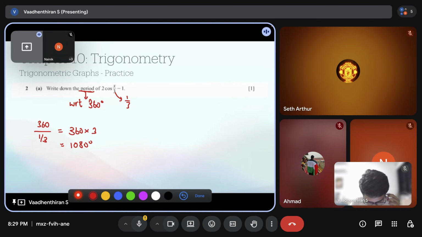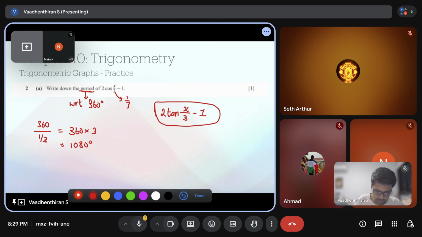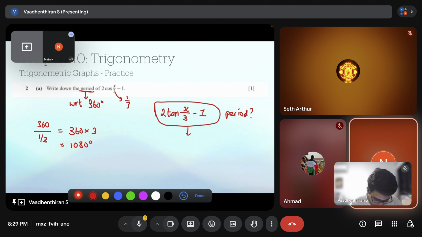Then we can move on to sketching the graph. One more question based on this. If I have 2 tan x by 3 minus 1, what's the period of this equation? It's going to be 540.